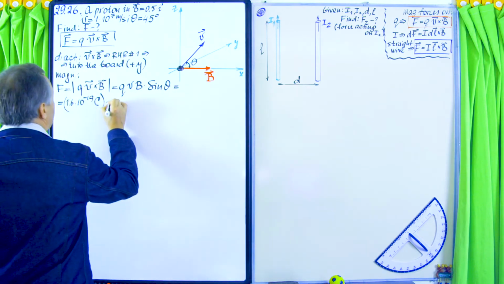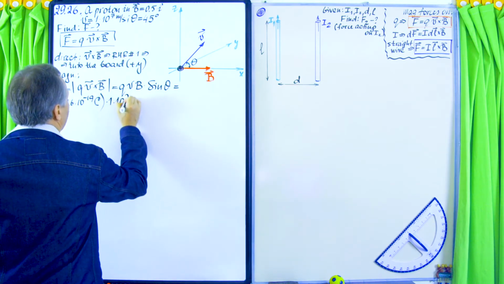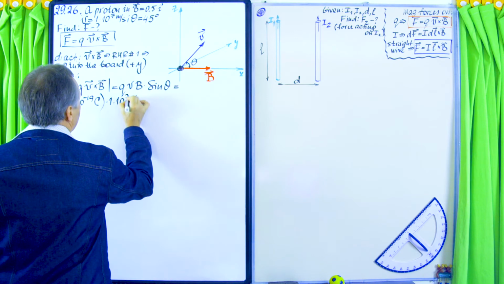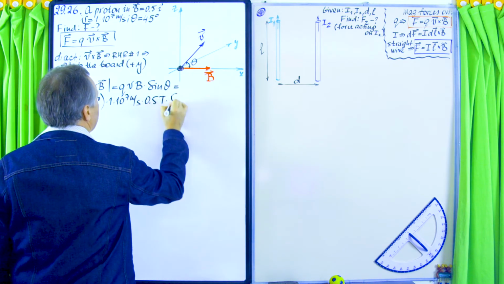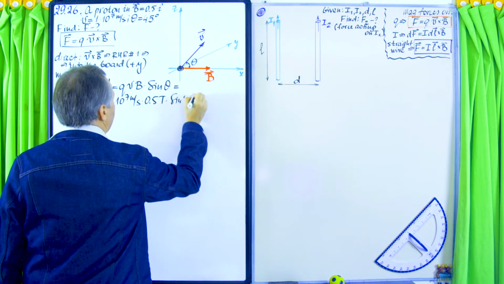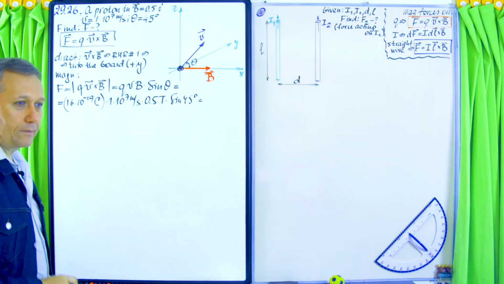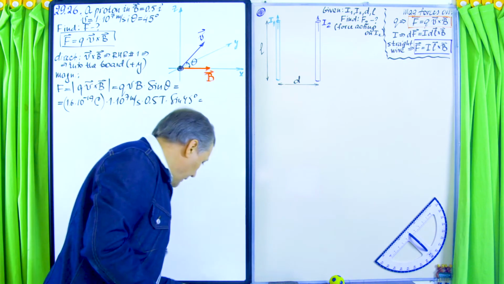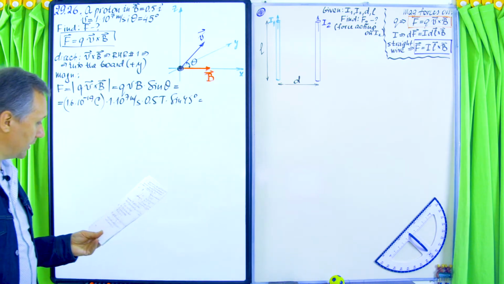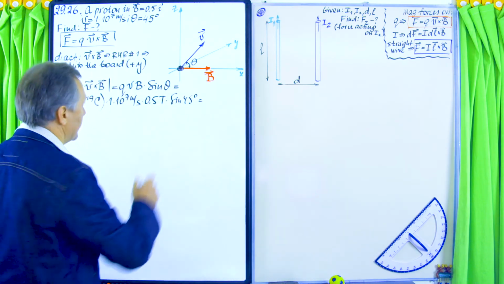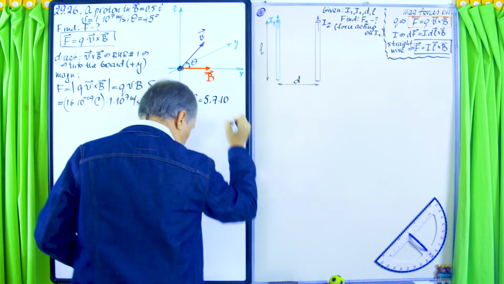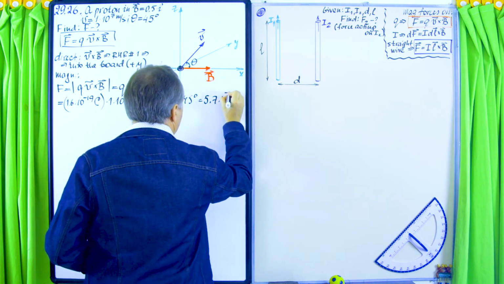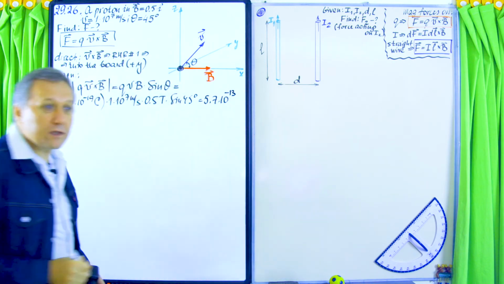Then velocity, of course, 1 times 10 to the power of 7 meters per second, and magnetic field 0.5 Tesla, and sine of 45 degrees, right? Okay, you can calculate it through. I'm not going to do it, and the answer is 5.7 times 10 to the power of minus 13. And it's just a force.